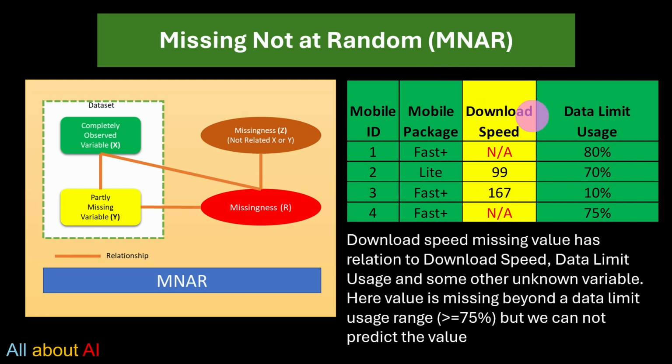Again with the previous example, if we have data limit usage, we can see download speed is missing for 80% or 75%. So we can say the missing download speed value has a relation to download speed, data limit usage, and some other unknown variable. But we can never be very sure what has caused this. We know that it's missing beyond 75%, but we cannot predict the value. So that's why it's missing not at random.